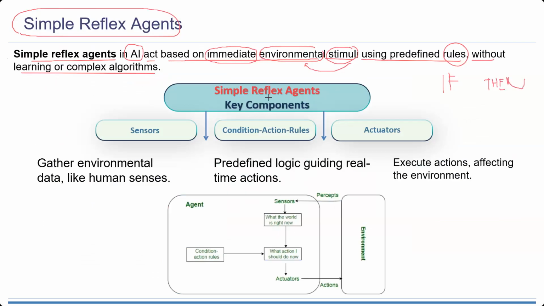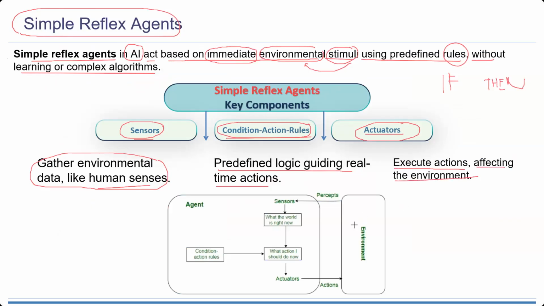The simple reflex agent has only sensors, condition-action rules, and actuators. The sensors' function is to gather environmental data, like the human senses. The condition-action rules are the predefined logic guiding real-time actions, and the actuators execute the actions affecting the environment.